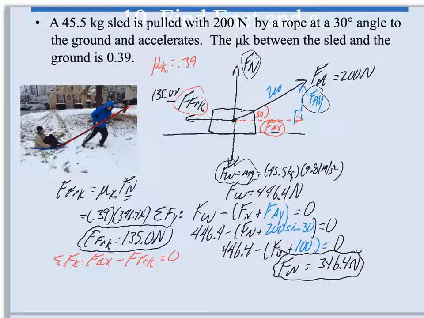And what would Fax be? Well, Fax is located along the adjacent side of the 30-degree angle, and the hypotenuse is 200. So Fax is going to be 200 cosine, right? Cosine is adjacent over hypotenuse, and rearrange. 200 cosine 30 minus the friction force, which is 135.